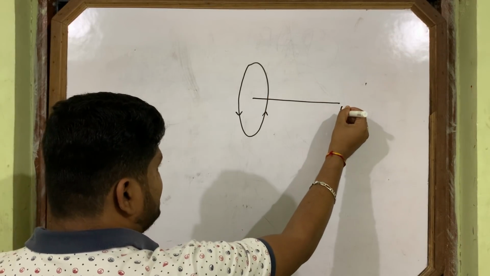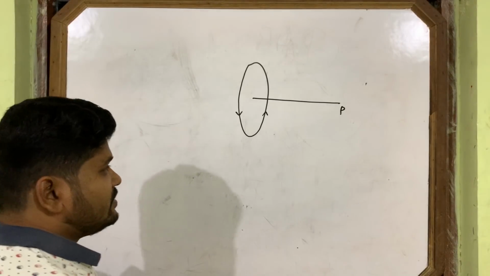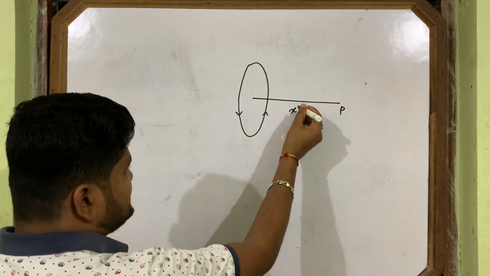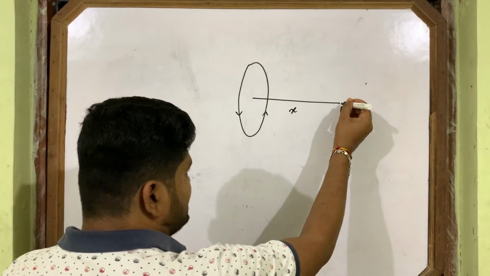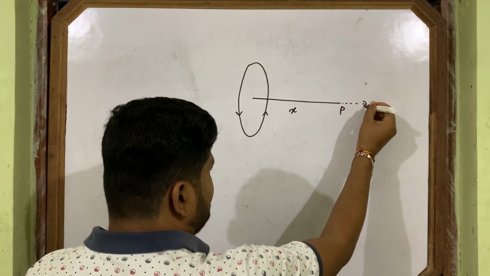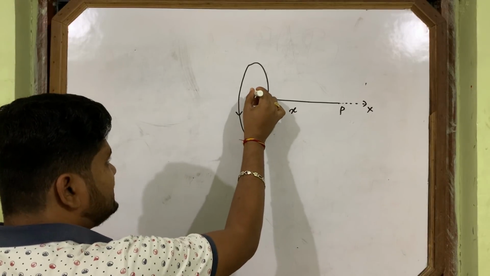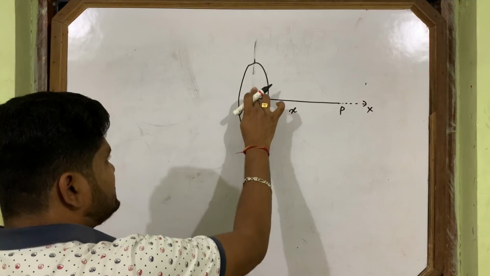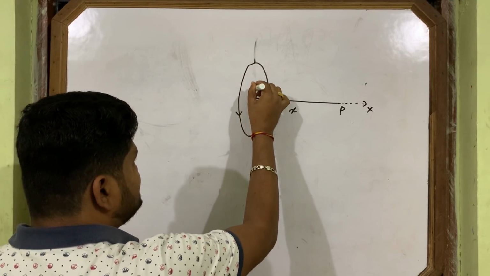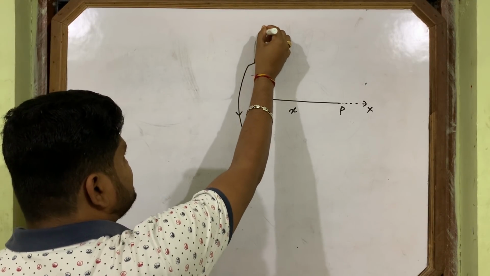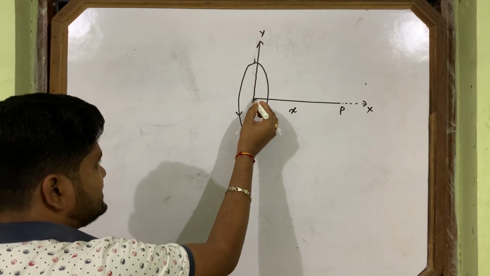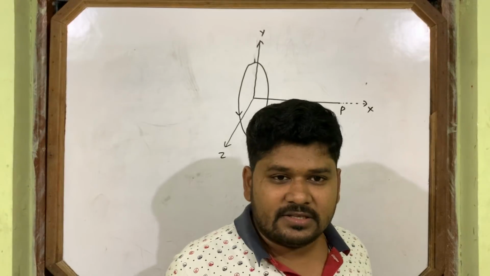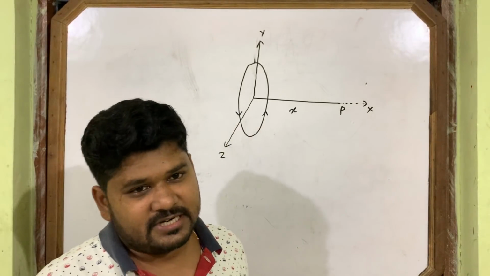We'll find the magnetic field at point P, which is at a distance x along the x-axis. This line I make straight, and this is the y-axis, and this axis you can make the z-axis.